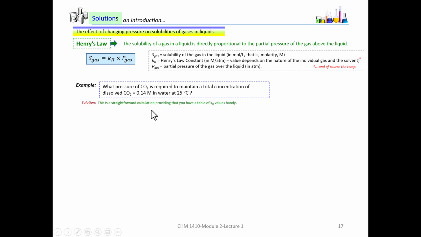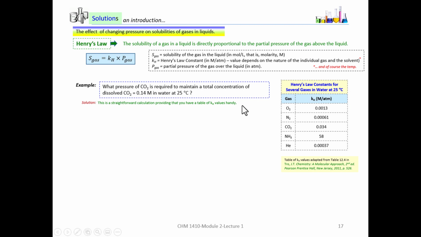Well, this is a straightforward calculation, providing that you have a table of Henry's law constants handy, which, by coincidence, we do. So we have solubility of the gas in this case is equal to Henry's law constant times the partial pressure of the gas over the solution. What we're interested in is this partial pressure. So we solve for that.